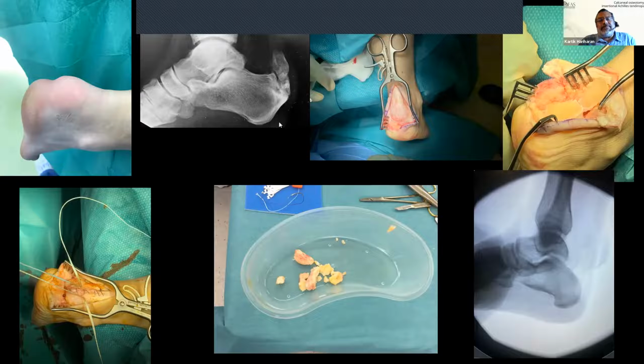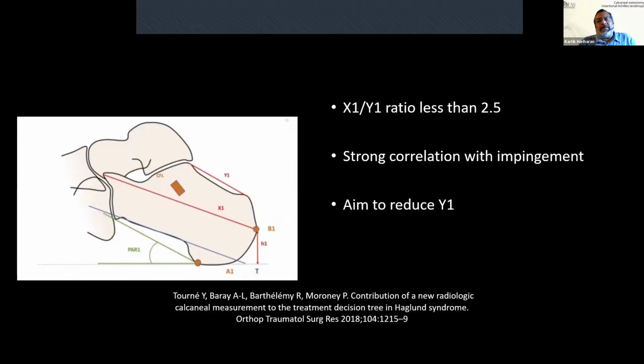But if you go back to Yves' formulaic ratio, and assess the X1-Y1 ratio, which ought to be more than 2.5, because if it is less than 2.5, there's a strong correlation with impingement.